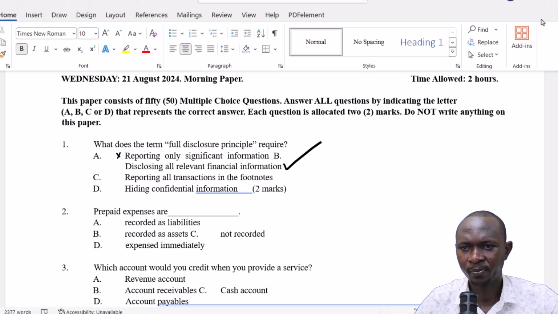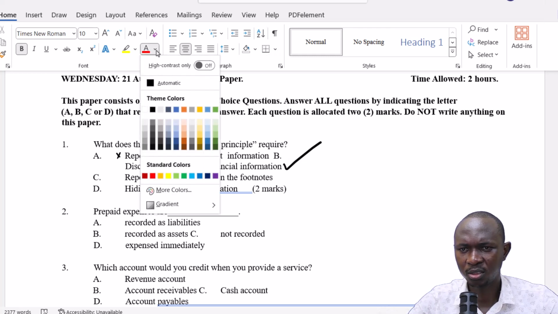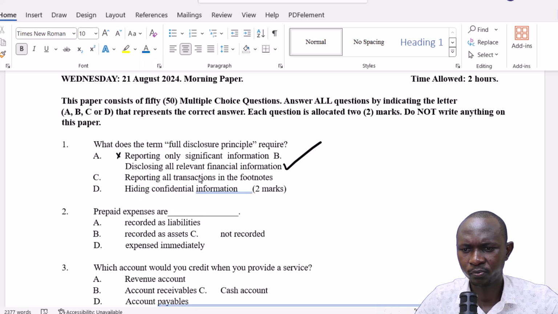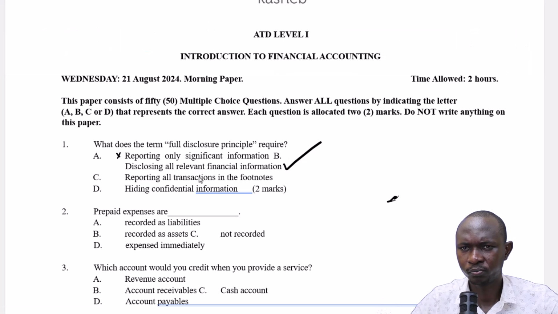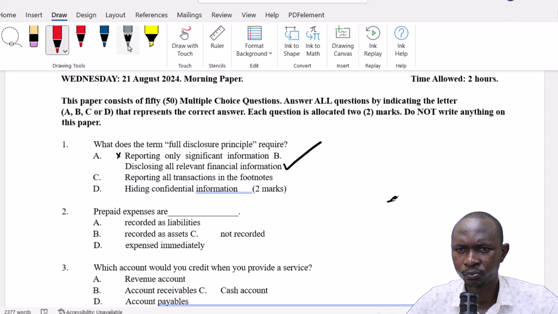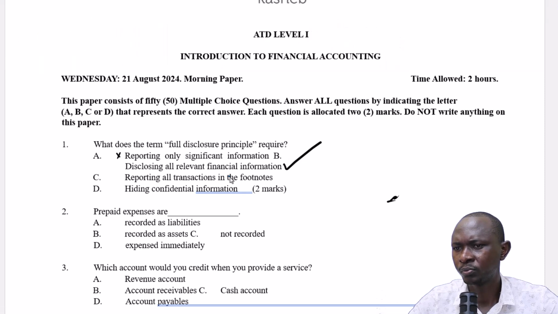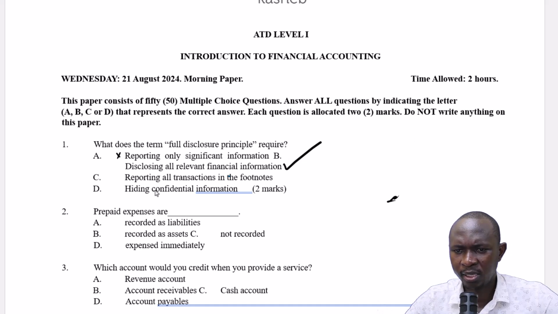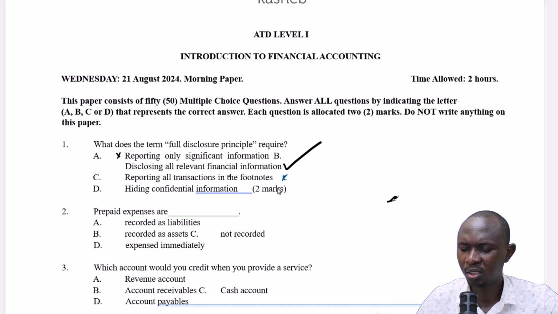C, reporting all transactions in the footnotes, not really. And D, hiding confidential information, no. So the correct answer here is B.